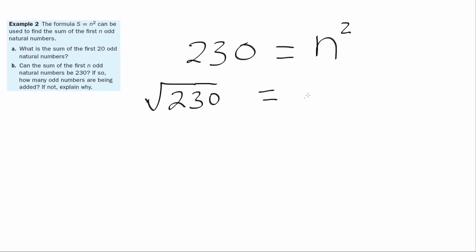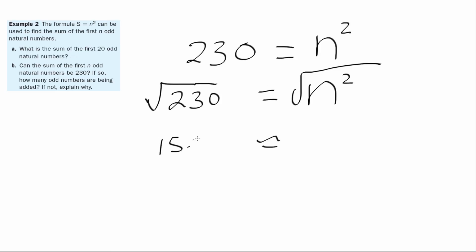And this is plus or minus, but I don't care about the negative values. I'm only interested in positive values. So I only want the positive root of 230. Let's find out what that is. So square root 230 equals, so this is approximately 15.17 is approximately equal to n.